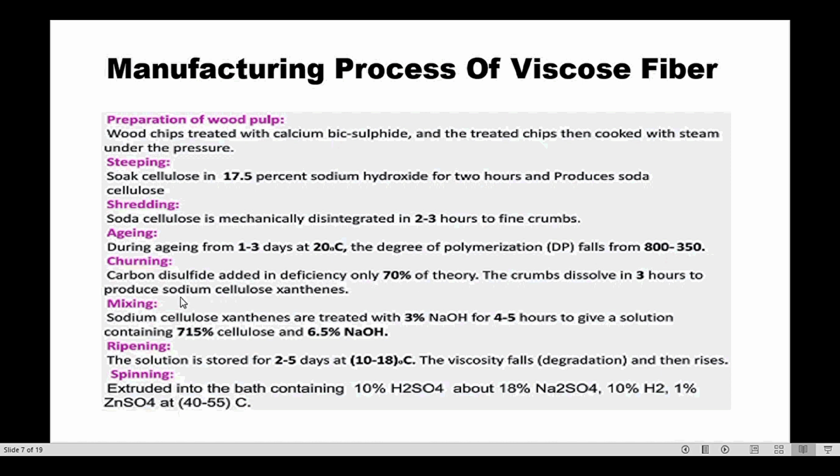Then churning: carbon disulfide is added, only 70% of theory. Here are the different steps. Next, mixing and ripening, and in the last it is spinning. It is the complete process that involves the steps from the plant to viscose fiber ready for the spinning process.